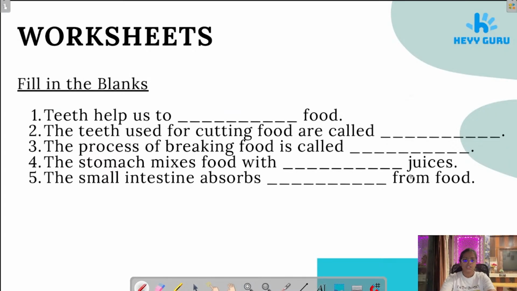So your first question is: teeth help us to dash food. You can type in the chat box.